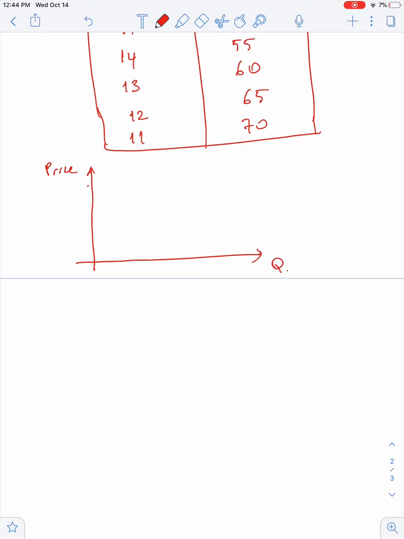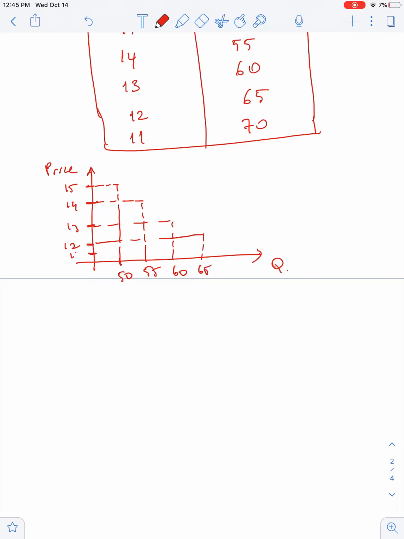If the price is 15, quantity demanded is 50. If the price is 14, 55. If it is 13, 60. If it is 12, 65.